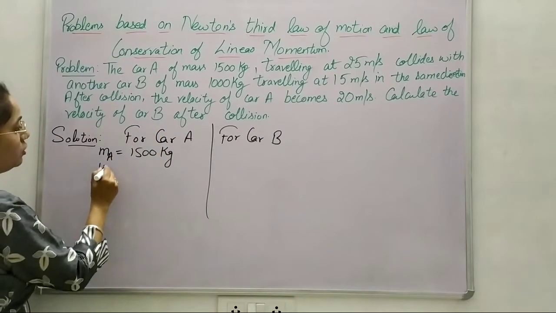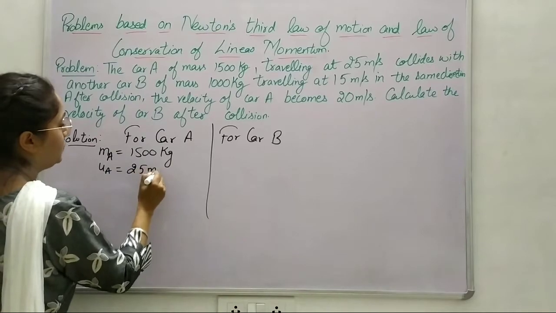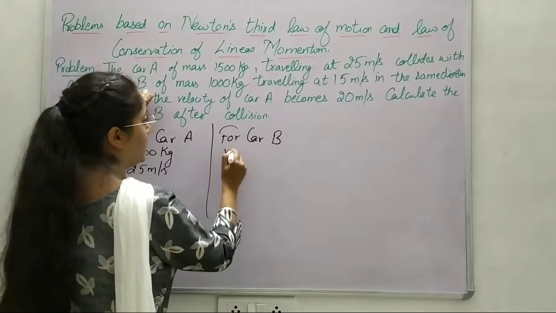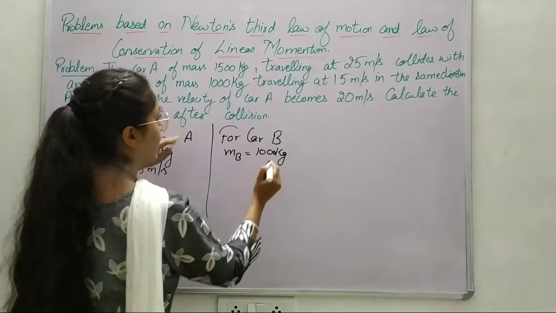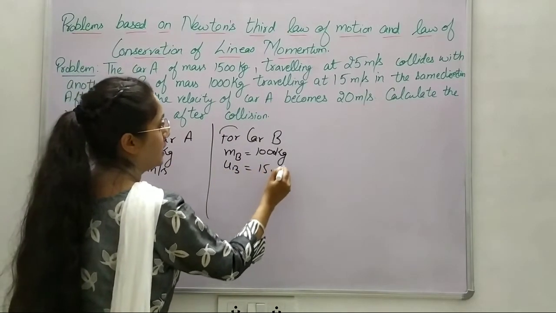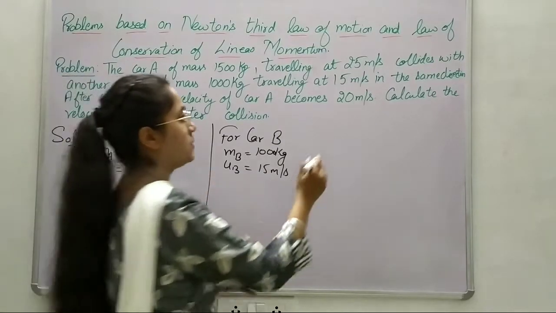Initial velocity of car A is 25 meter per second. Now for car B, mass MB equals 1000 kilogram, and the initial velocity UB is 15 meter per second. And both were moving in the same direction.